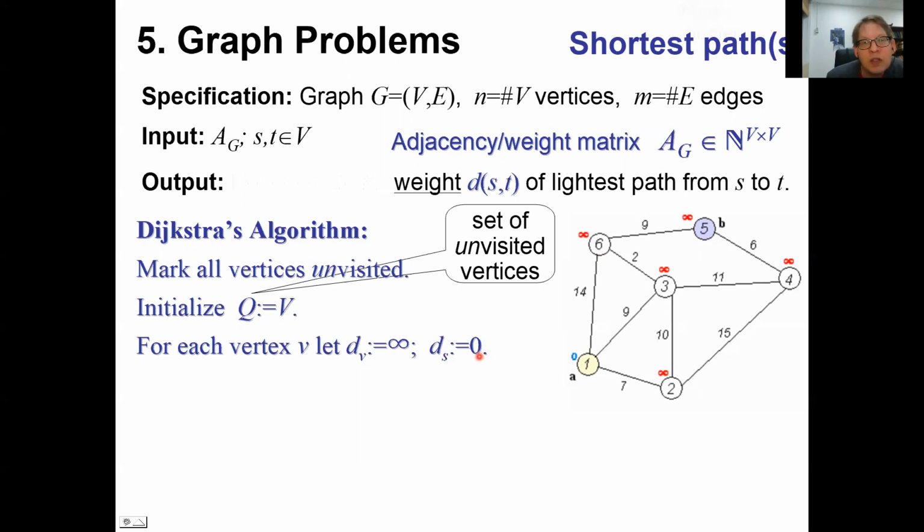And the intuition that I'm trying to convey here is that the non-infinity key values are precisely the length of shortest path from start vertex to vertices which have already been determined. Okay, let me say that again. So the algorithm basically kind of floods the graph.